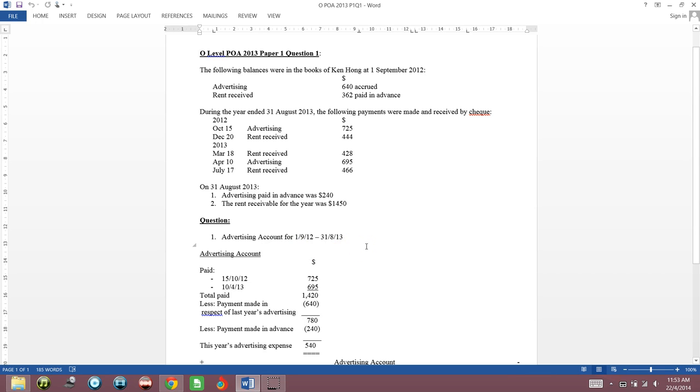So what do we really understand about this advertising expense account? Imagine you are Ken Hong. The following balances were in the books of Ken Hong. Imagine you are doing a small business just like Ken Hong.